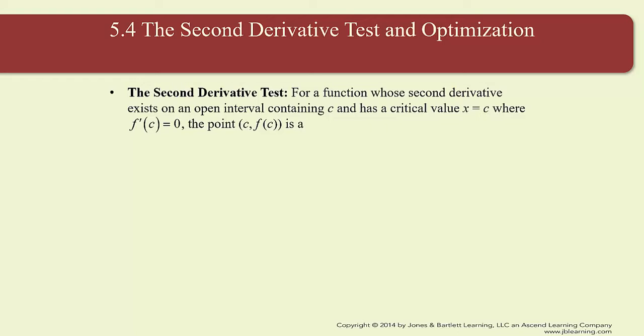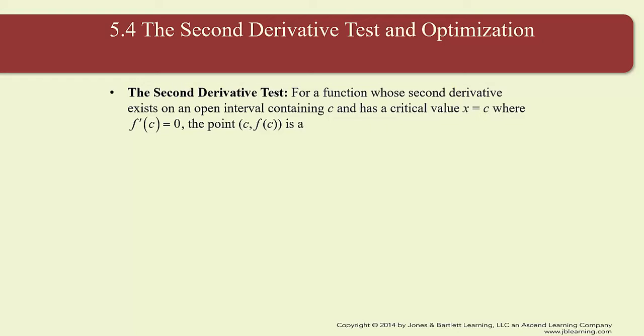For a function whose second derivative exists on an open interval containing c, and it has a critical value x equals c, where f prime of c equals 0, the point (c, f of c) is a... now before I go any further, I want to point out that the second derivative test focuses on a critical value where the derivative is 0.